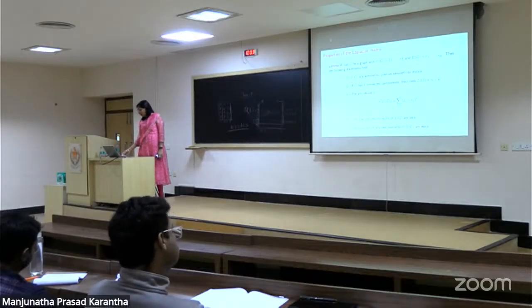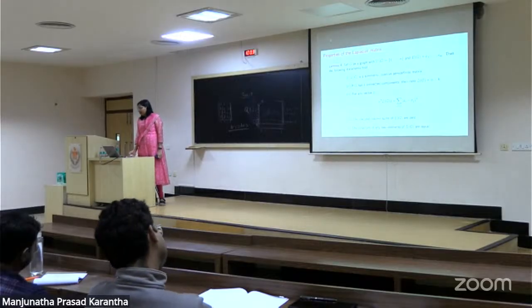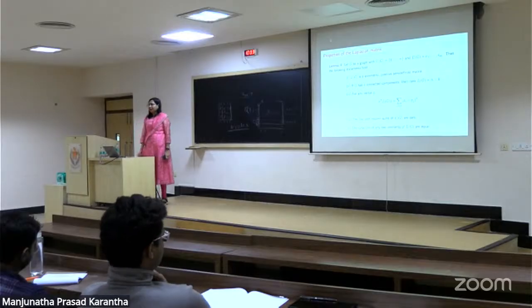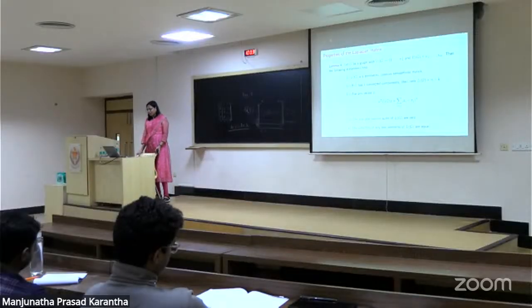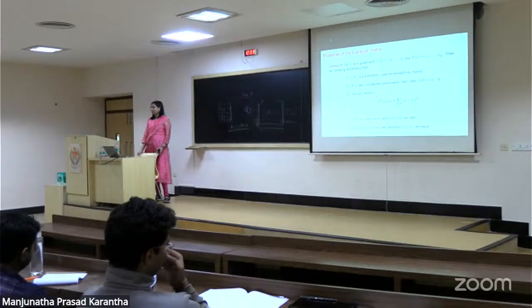So then we have these properties of the Laplacian matrix. One thing we observe is L_G will be symmetric if the graph is simple, and it's a positive semidefinite matrix. And if G has k connected components, it's disconnected with k connected components, rank will be n minus k. And the third thing is you can also express x transpose L_G x in this form.